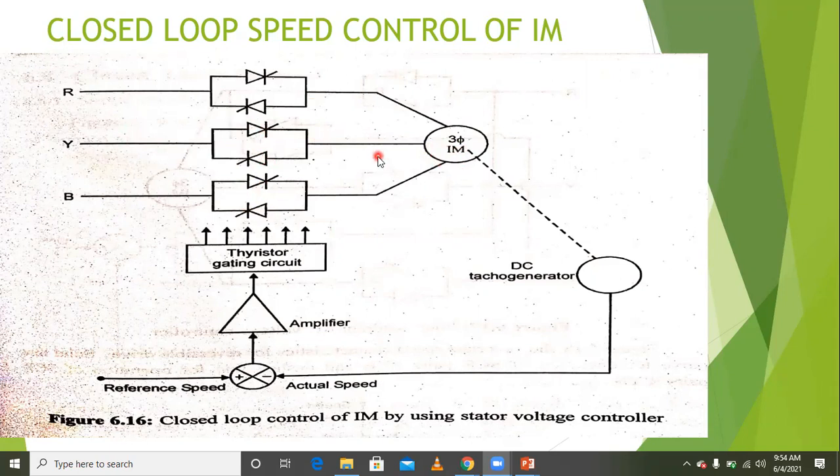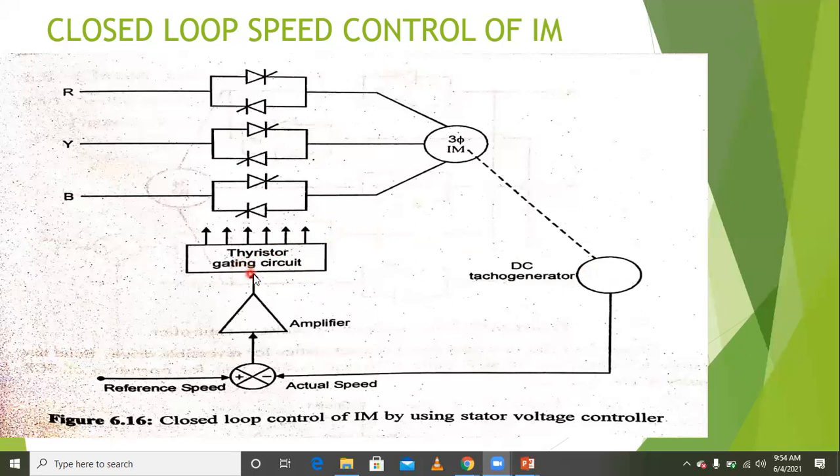The system consists of the power circuit, the three-phase induction motor, a DC tacho generator, and a control circuit. The thyristor gating circuit is called the control circuit.